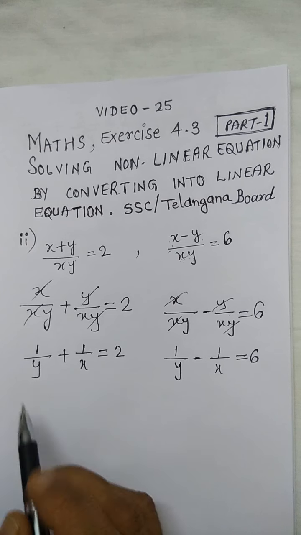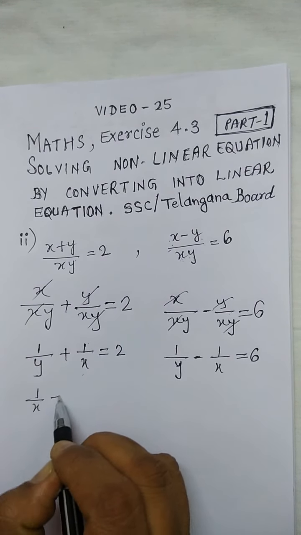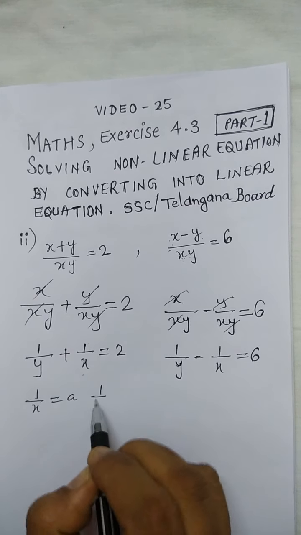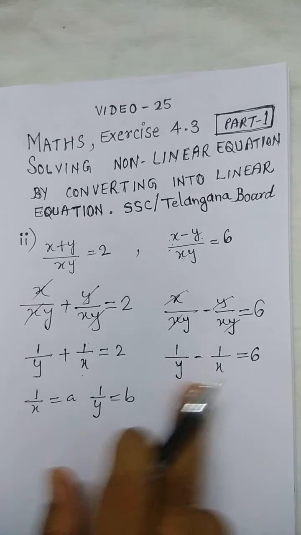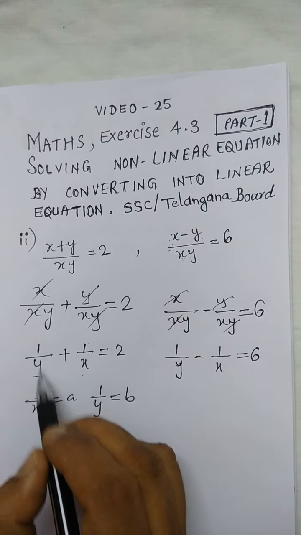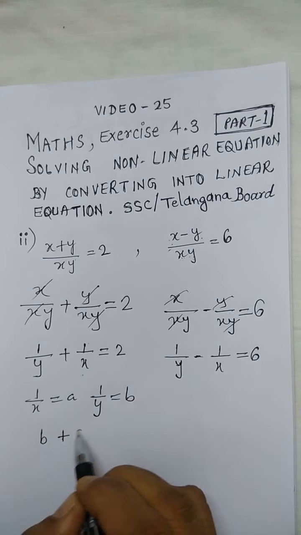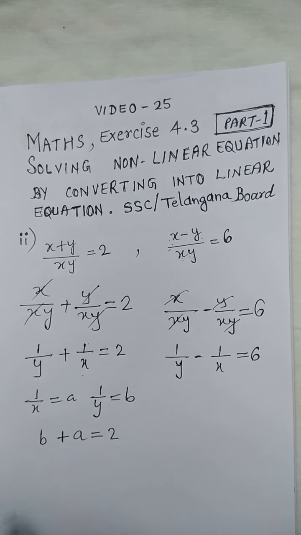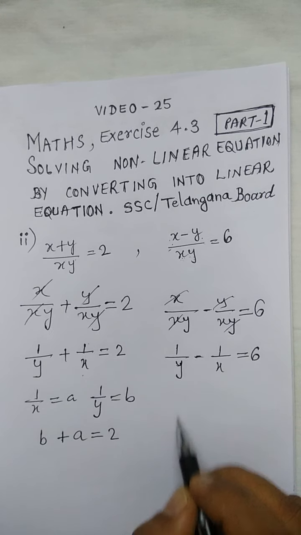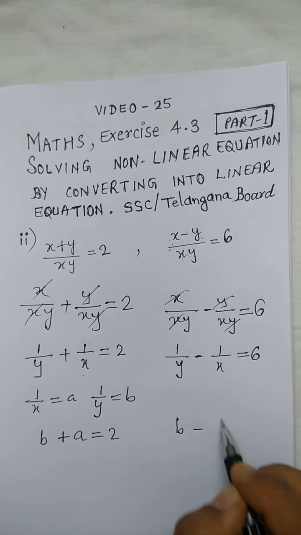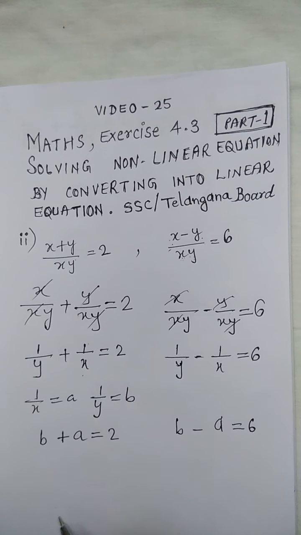For example, suppose I am taking 1 by x as a and 1 by y as b. Then both the equations will get converted into: 1 by y is b plus 1 by x is a equals 2. Similarly, here also, 1 by y is b minus 1 by x is a equals 6.